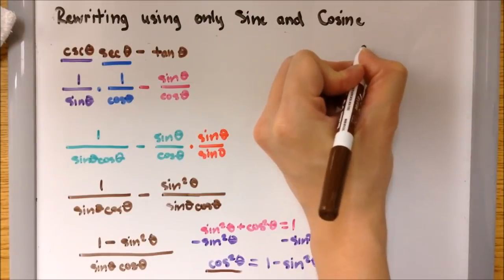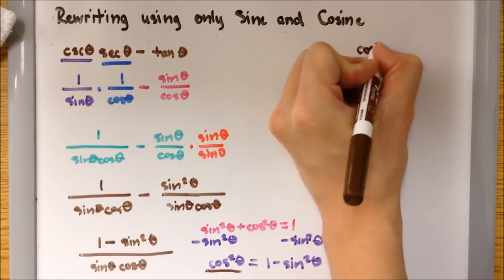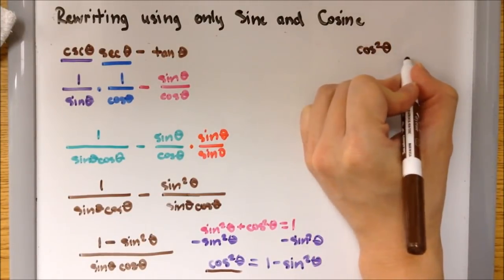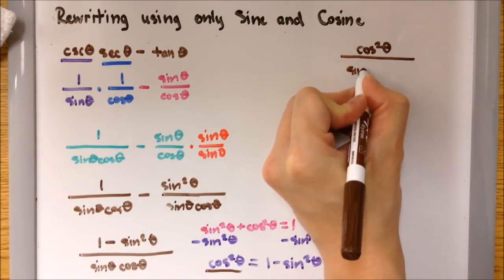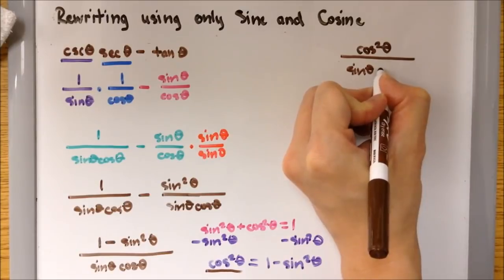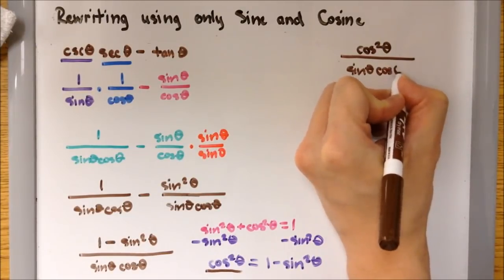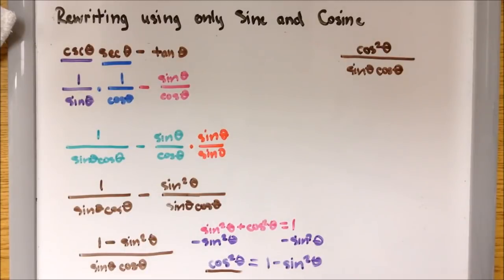So cosine squared theta over my denominator, which is sine theta and cosine theta. Now here, I'm not finished.